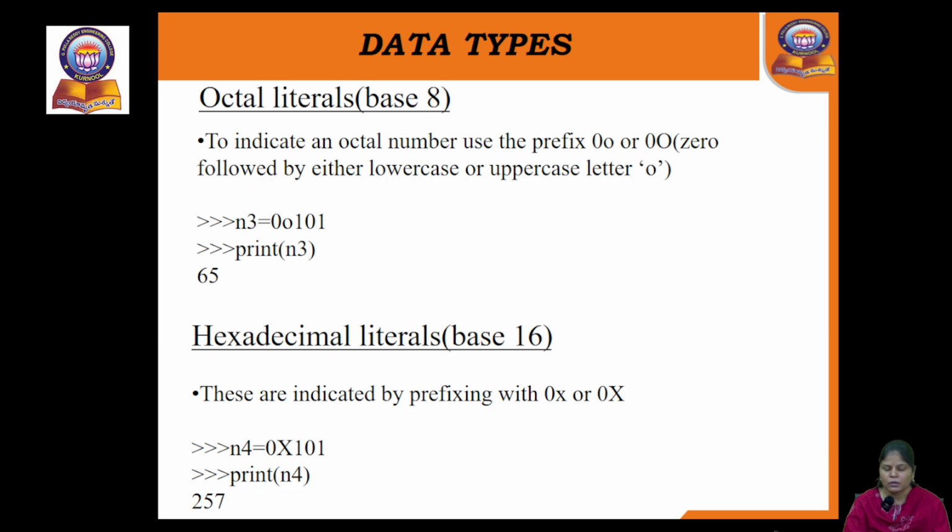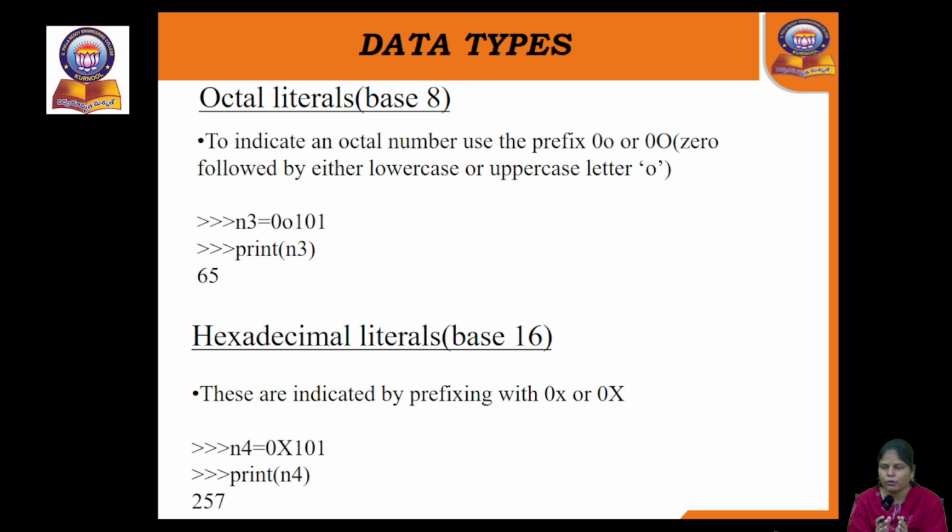When you want to convert those normal integers to octal format, that means base 8, or to hexadecimal base 16, or to binary format base 2, you will have some set of notations, right? If you want to indicate an octal number, just use the prefix 0 capital O or 0 small o before a particular number, then that will be considered an octal value by the interpreter.